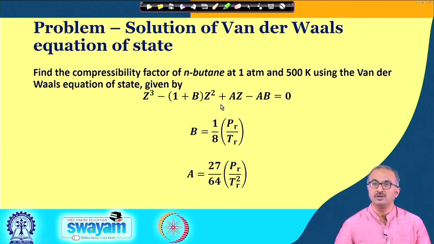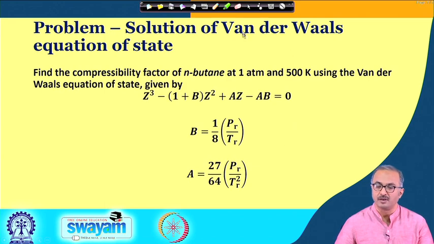If you go to the van der Waals equation of state, you will find these are the values of the parameters involved in the equation, and you see that these are given in terms of the reduced pressure and reduced temperature. And what are these? These are nothing but the ratio of the actual value to the critical value.